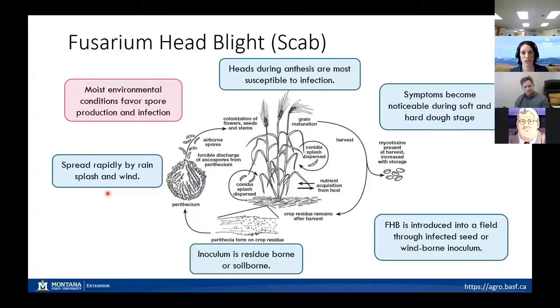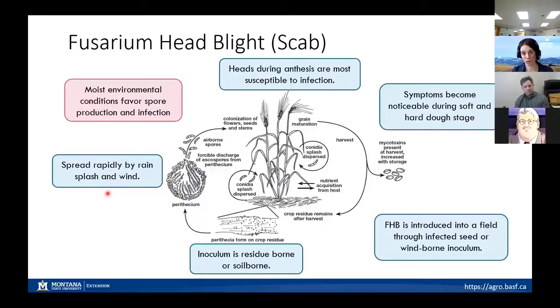Environmental conditions that are moist, so a lot of rainfall and dew, but also irrigation, if that is something you do, can really promote spore production and infection. So it's very similar in that sense to the foliar diseases. However, Fusarium head blight affects the heads and the grain of your crop. And so your crop is most susceptible to infection with the scab pathogen during anthesis.